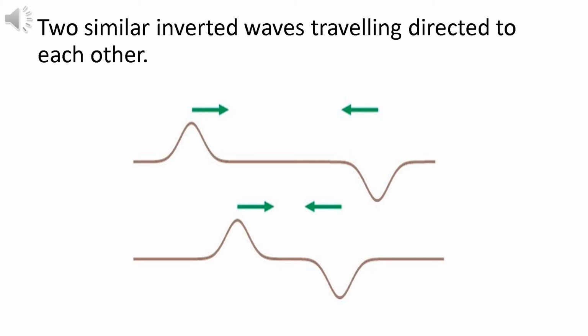Now, nung nag-travel sila to each other, nag-pass through na sila to each other, the same pa rin yung position. Ganun pa rin sila. Walang nagbago. Gets po ba? Yun. The first wave is still in the Y positive, meanwhile the second wave is in the Y negative.